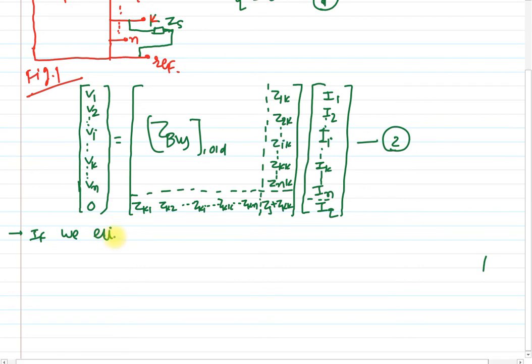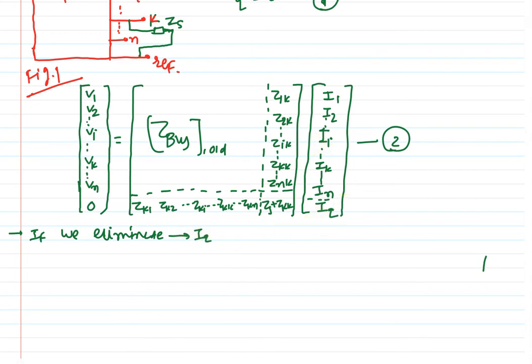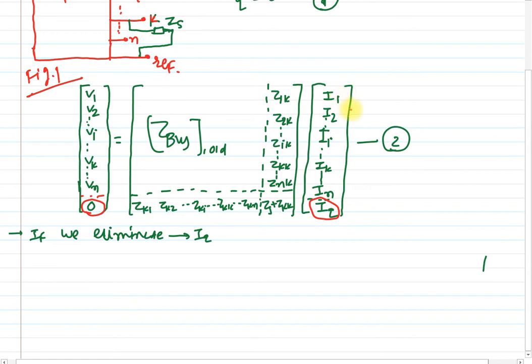Assume we eliminate the current IQ over here, then we will have the 0 in the last value of the column vector V, and same way in the column vector of current.